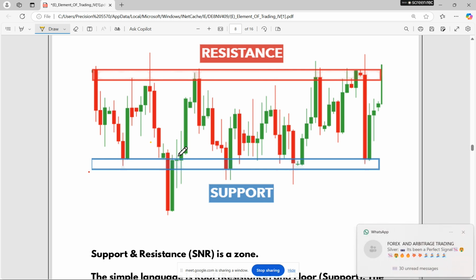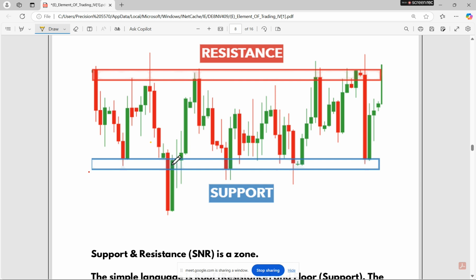And then for resistance, the only thing you have to do is find a swing high. When you find a swing high, you apply your horizontal lines and that becomes your resistance.